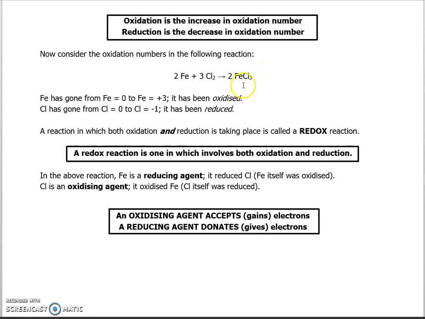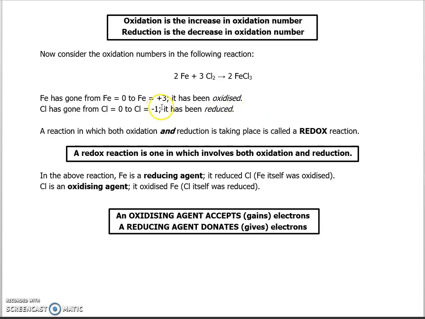So to give us a neutral compound, iron must be +3. So in this case, iron has gone from 0 to +3. It has been oxidized. Chlorine has gone from 0 to -1. It has been reduced.